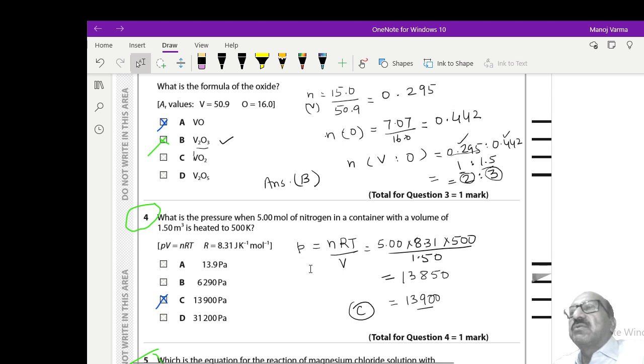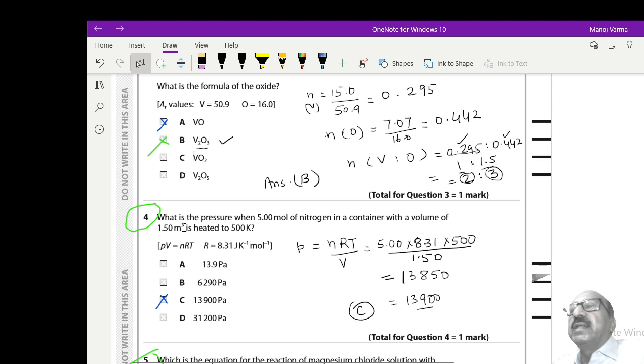So pressure is equal to nRT upon V, and we simply have to substitute the values. n is 5 mole, R is 8.31, and the temperature is 500 K divided by the volume, which is 1.50 meter cube.